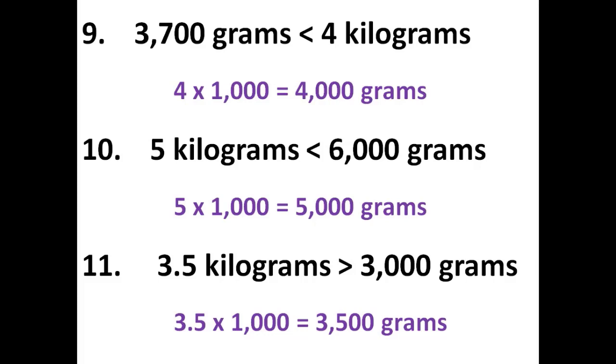We can say that 5 kilograms is lesser than 6000 grams. Why? Because 5 kilograms is 5,000 and other side is 6,000. So 5 kilogram is lesser than 6,000 gram.